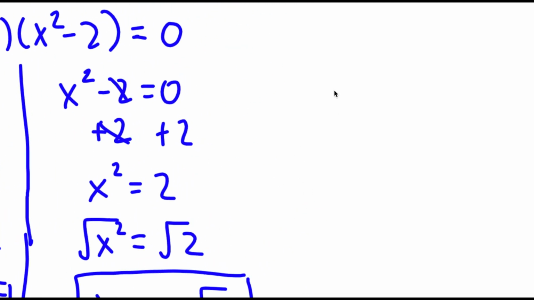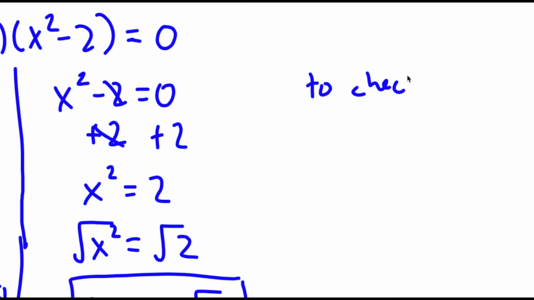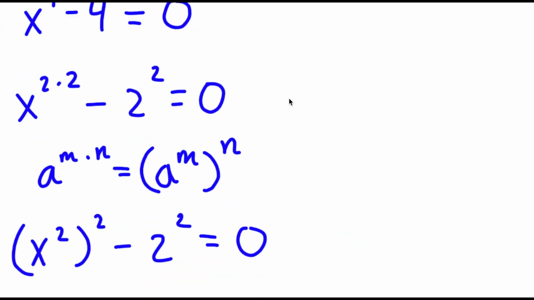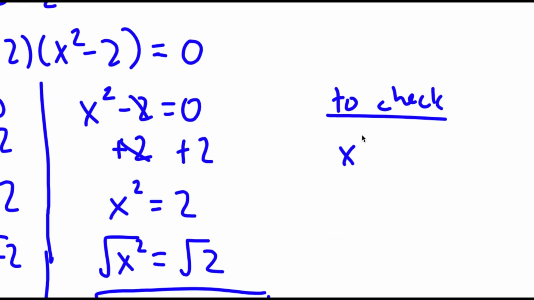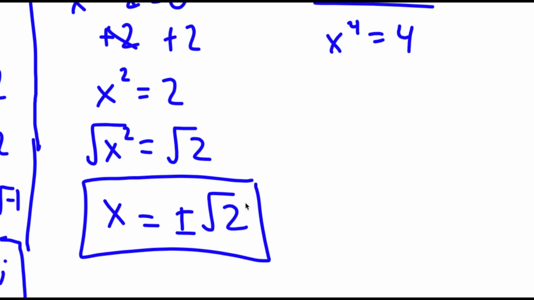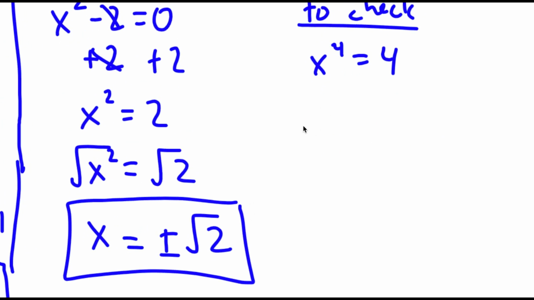So now I'm going to check. My original equation was x to the power of 4 is equal to 4. So the square root of 2 to the power of 4, because this is an even exponent, it doesn't matter if it is positive or negative, it's going to be the same result.